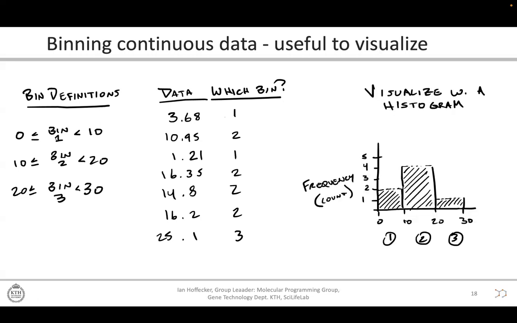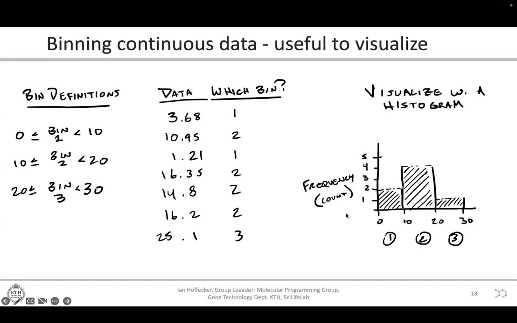And what this then allows you to do is visualize the data using a histogram. So since we binned it, we can have an x-axis here, a horizontal axis that is corresponding to our bins. So we have the range on the bin markers here. So 0 to 10, 10 to 20, and 20 to 30.